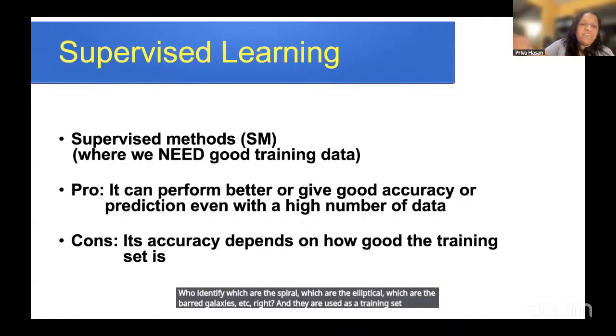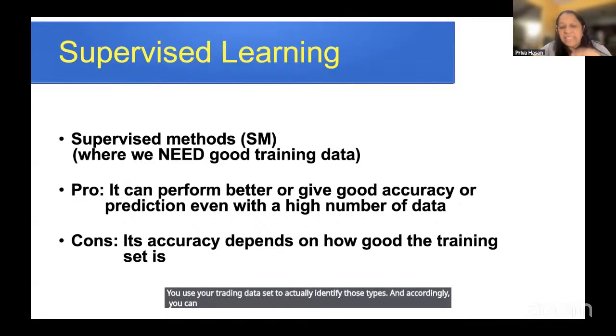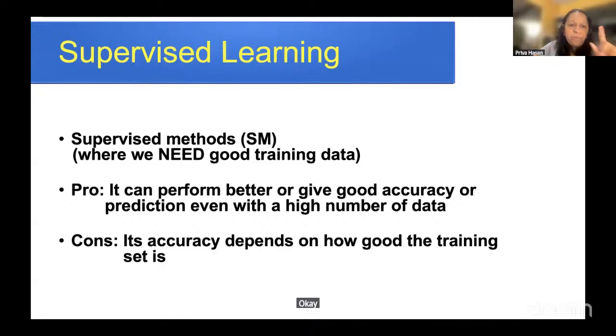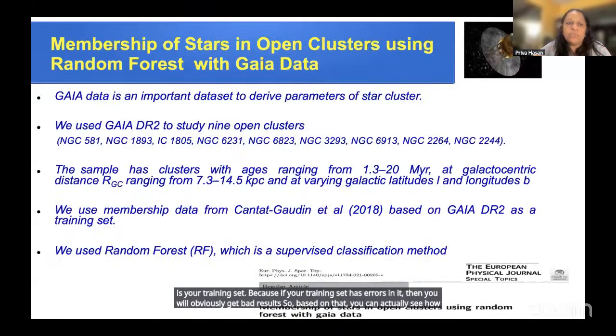So if you have 1 trillion galaxies, you use your training data set to identify those types, and accordingly you can validate and check. The only problem, like we said, is how good your training set is, because if your training set has errors in it, then you will obviously get bad results. So based on that, you can see how good supervised learning is.